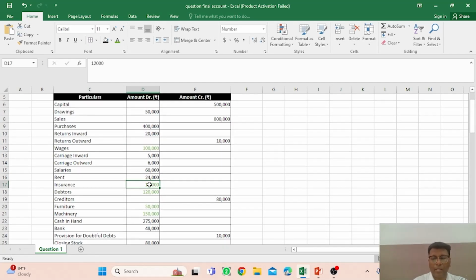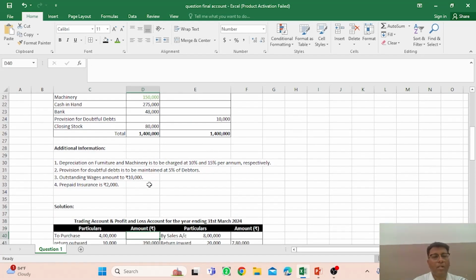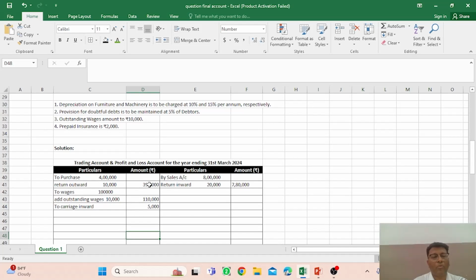And other additional information is given to you, prepaid insurance. It means you have made the payment in advance, so this is an asset. So you have to subtract this amount. I will be covering the different adjustments in my next lecture. Right now we are focusing on the very common adjustments we have to make in the final accounts.